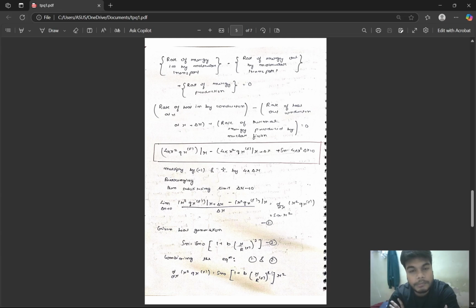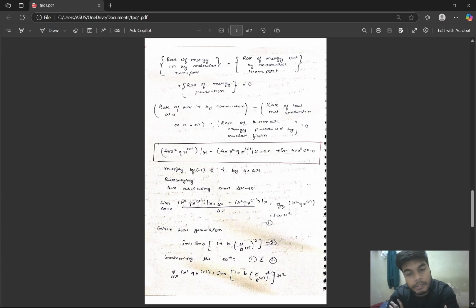So rate of heat in by conduction at r minus rate of heat out by conduction at r plus delta r, plus rate of thermal energy produced by nuclear fission, is equal to 0. We can see here the rate of heat in by conduction at r is given by flux times area.